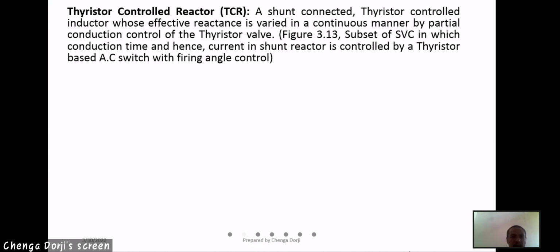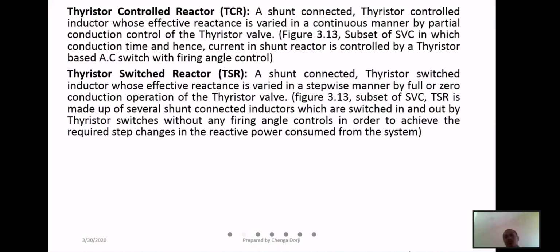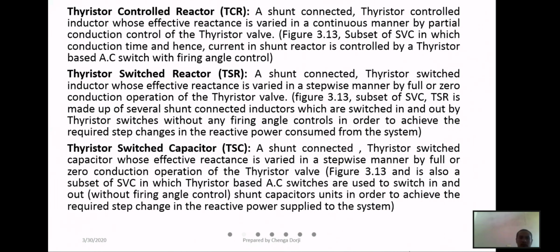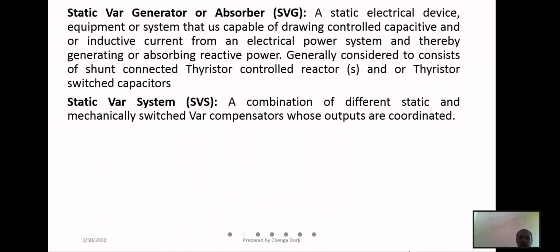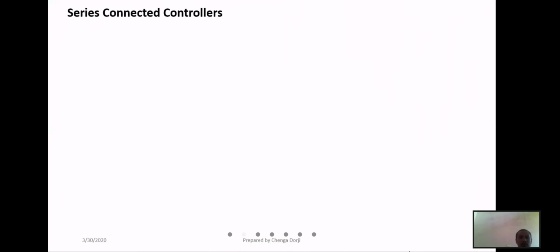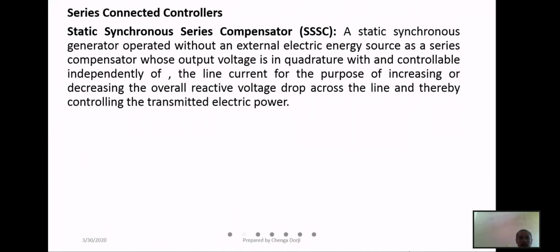The thyristor controlled reactor, again another definition. The detailed working principle, all this you will see later on. Now we again have the series connected controllers. These are the two things we have. It is connected in series with the line.